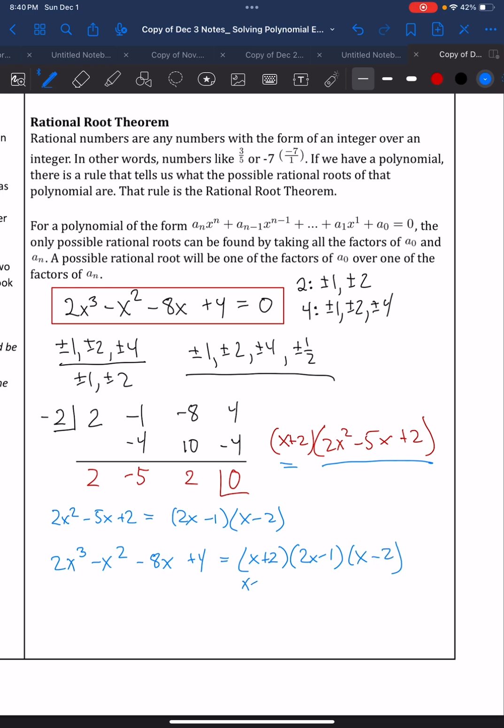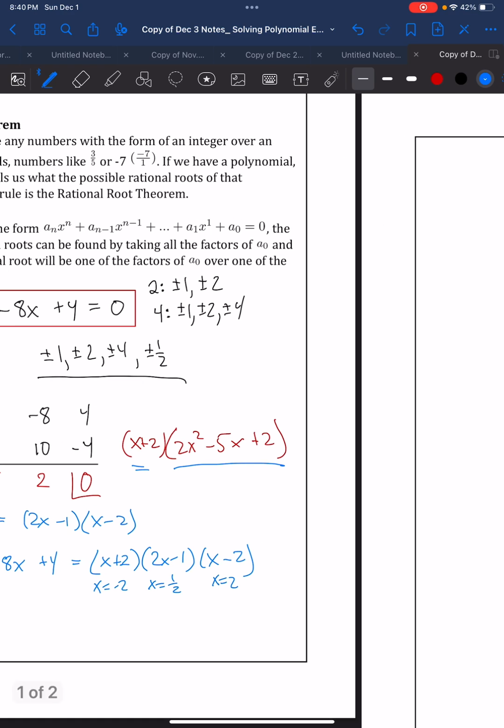So that means x equals negative 2, x equals 1/2, or x equals 2. And we've solved that polynomial equation. We have the 3 possible roots, and it's third degree, so that's how many roots it has. Right?